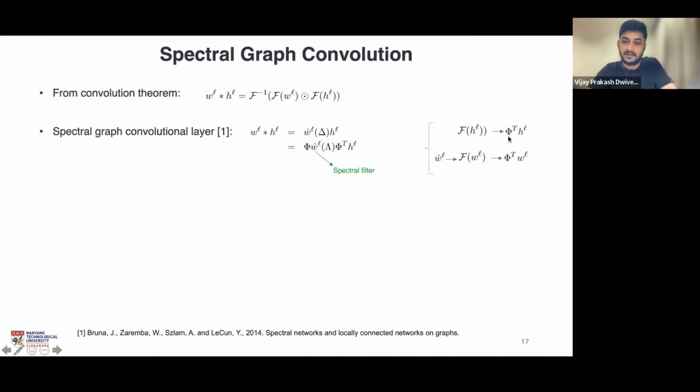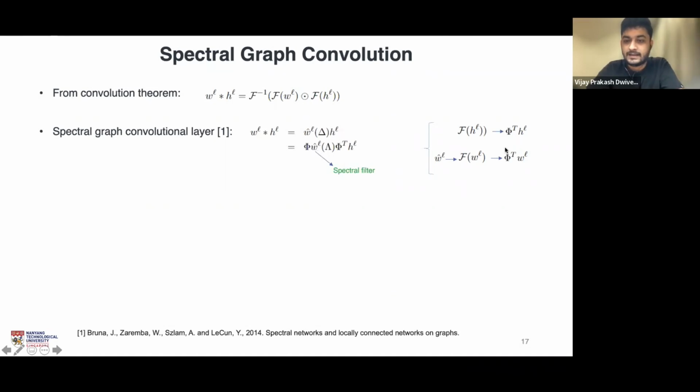We multiply the eigenvector transpose with the input, and similarly for the weight filter matrix we have phi transpose times W_L. This is the equation we arrive at, and this becomes the vanilla spectral graph convolution. It is basically a weight spectral filter and the input information in the spectral domain, and finally phi is multiplied to get the output back in the spatial domain. So the phi here is for the inverse Fourier transform.